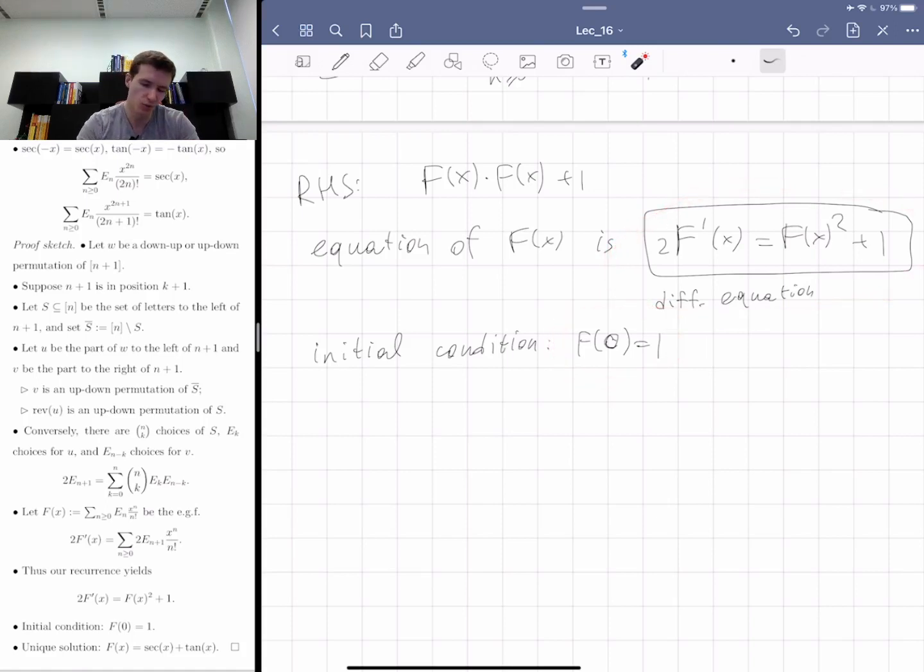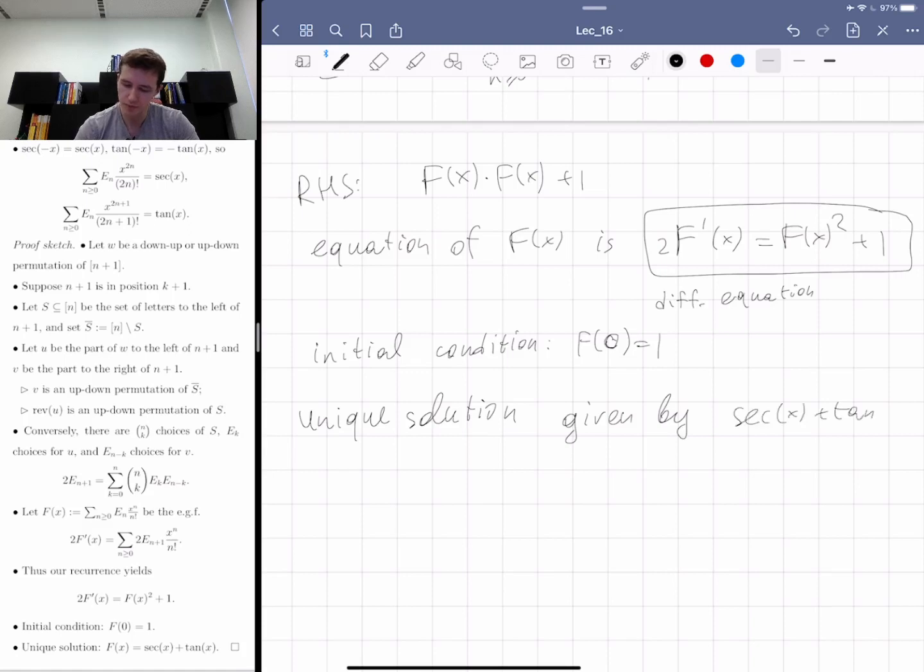You can check easily that the unique solution, calculus-wise, is given by secant of x plus tangent of x.